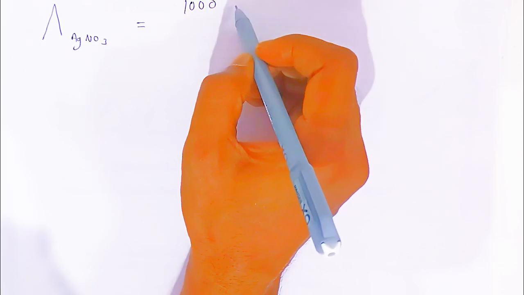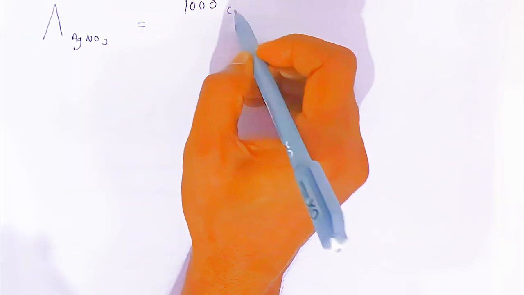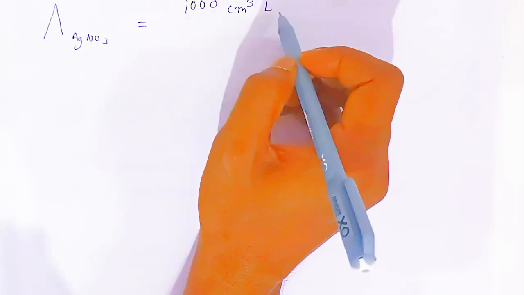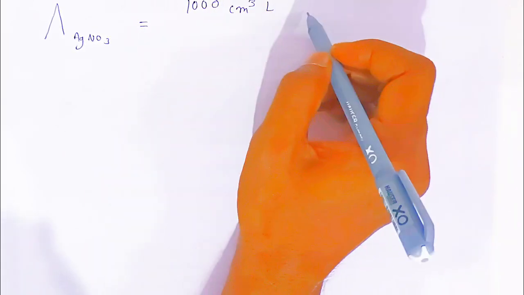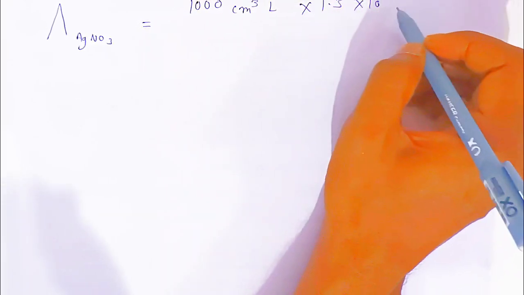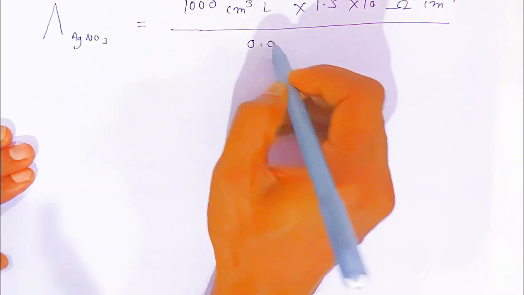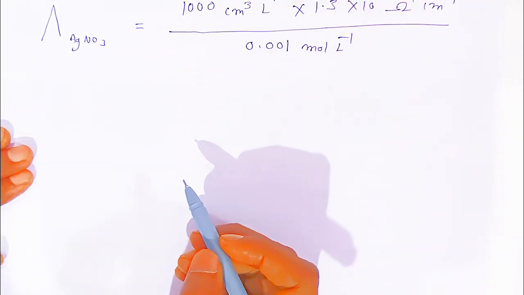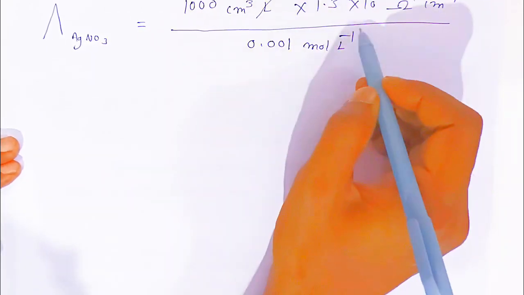Okay students, I'm writing the molar conductivity of silver nitrate, which is nothing but 1000, we are converting into ml per liter, so centimeter cube per liter, into 1.3 into 10 raised to minus 4, that is per ohm per centimeter. You have to divide with the concentration of silver nitrate, that is 0.001 mole per liter. Now this liter inverse will cancel.